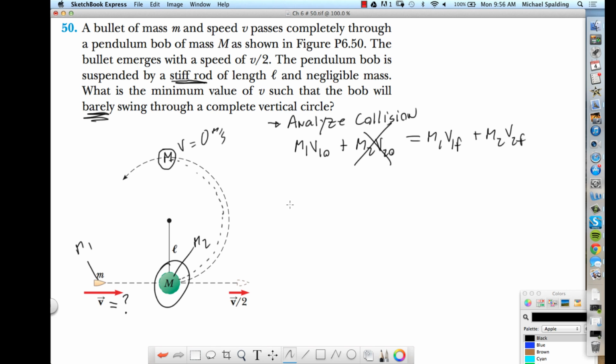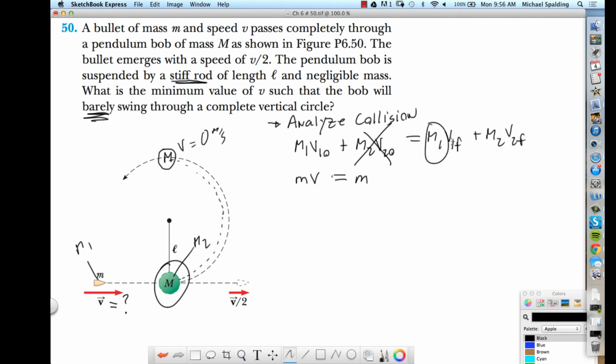And okay, so now we got to put it in terms of what they're doing. So what is M1? So I'm going to rewrite this equation, but now I'm going to do it with big M, little m. So what is M1? Big M or little m? Little m. So it's going to look like this. Little m. Now what's V1 initial? V1 initial is just what? V. So we have mV equals, okay, so now we're over here. What's M1?